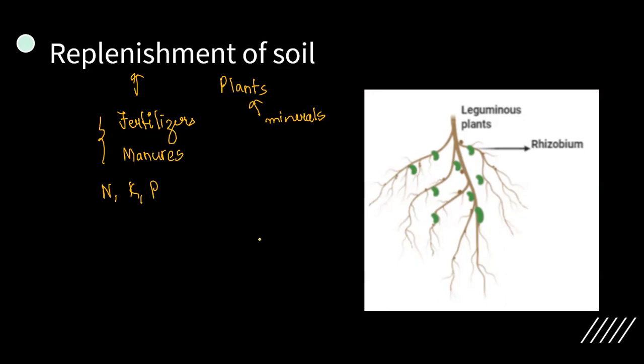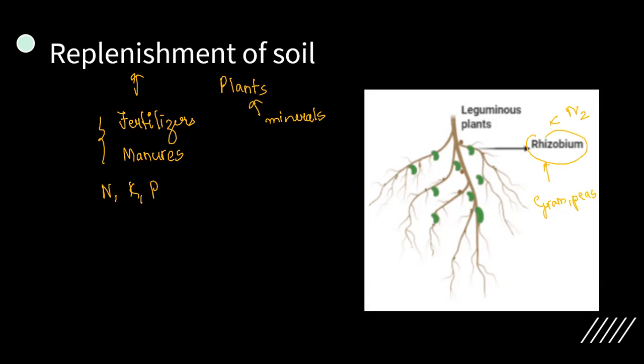Also, the crop plants absorb a lot of nitrogen and the soil becomes deficient in nitrogen. So sometimes they need the nitrogen in the soluble form. There's this bacteria called rhizobium which can take the atmospheric nitrogen and convert it into usable form. But this rhizobium cannot make its own food. So how does it get its food? So see, it is going to live in the roots of the leguminous plants like gram, groundnut, peas, beans.